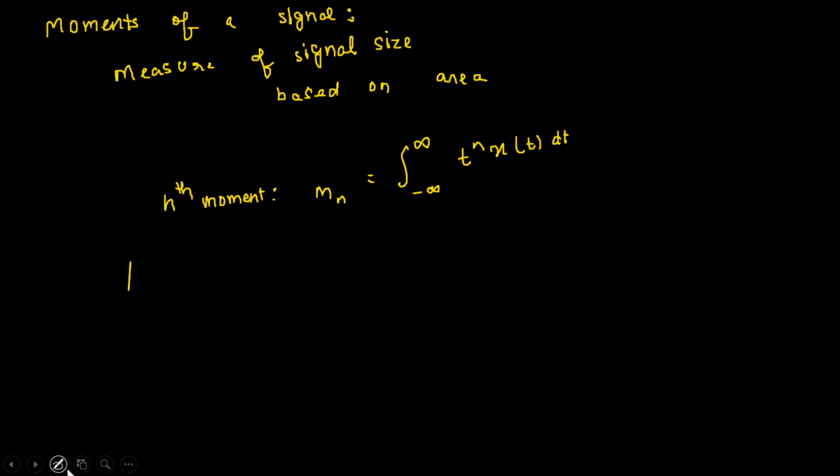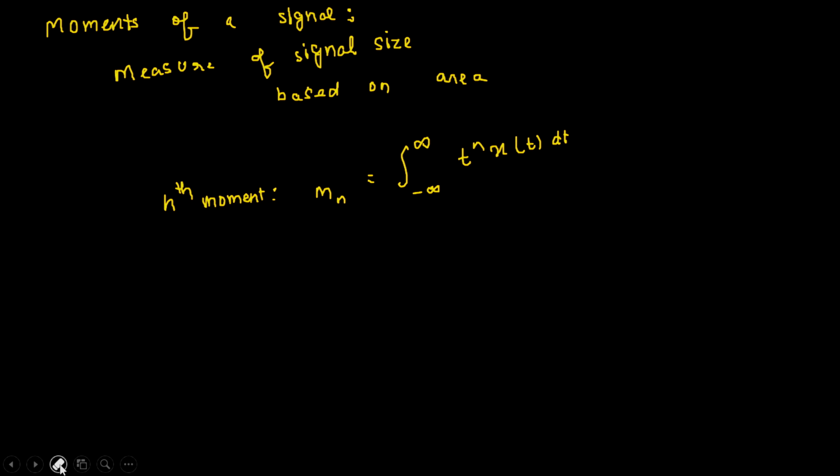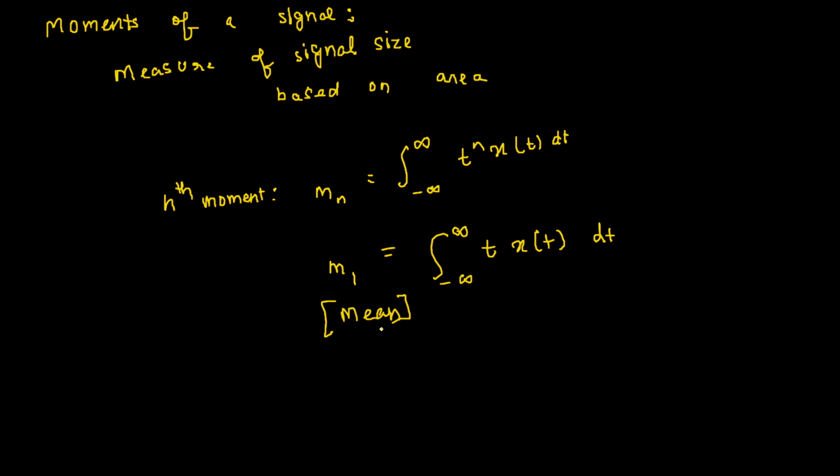You get something which gives us a measure of signal size, right? So let's say I'm taking m of 1. I get integration of minus infinity to infinity t to the power 1, which is just t x of t dt, right? So this m1 is called mean. It's called the mean of the given signal, right?